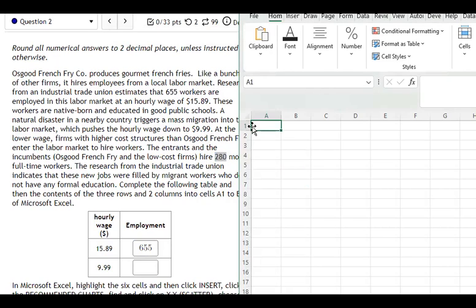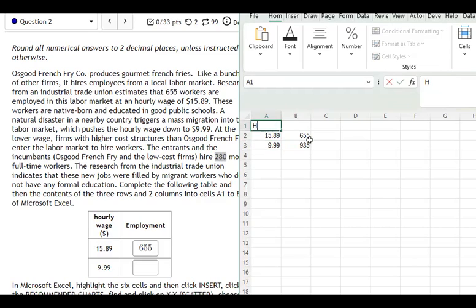So I'll do it right here. 655 plus the 280. I got to make this 655, I got to make this 1589, and I got to make that 9.99.